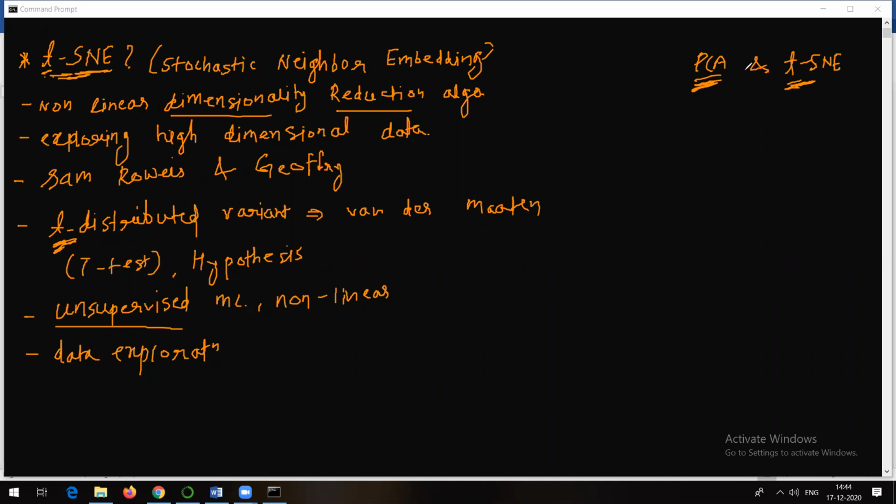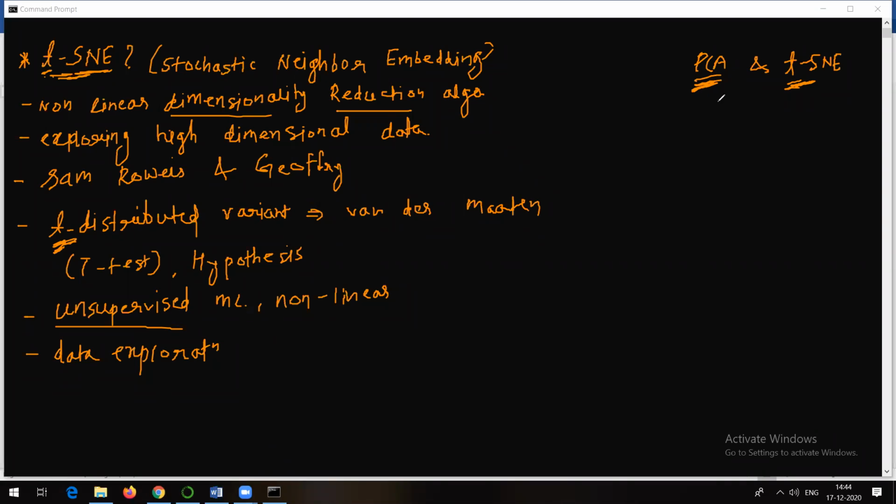As I told you, t-distributed stochastic neighbor embedding is a machine learning algorithm for visualization, which is based on stochastic neighbor embedding, originally developed by these people. So it's a non-linear dimensionality reduction technique.